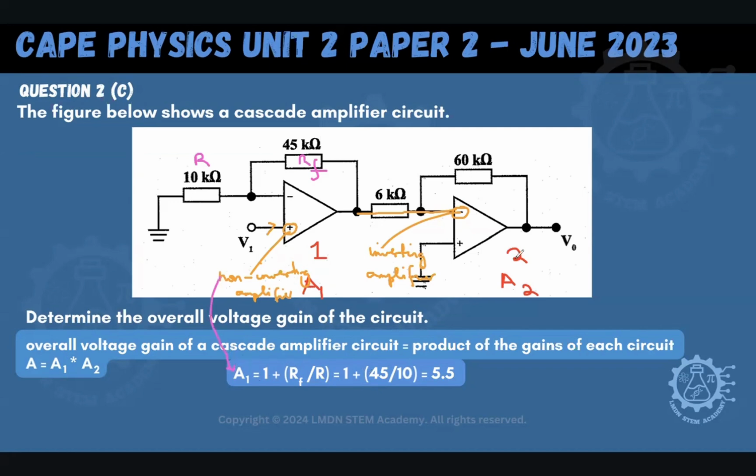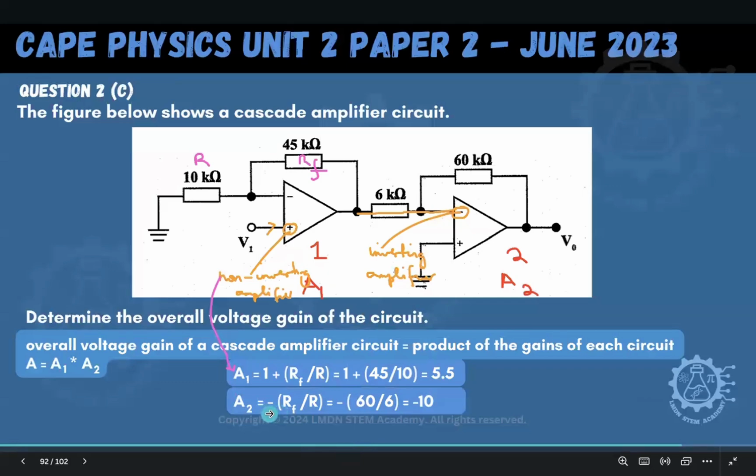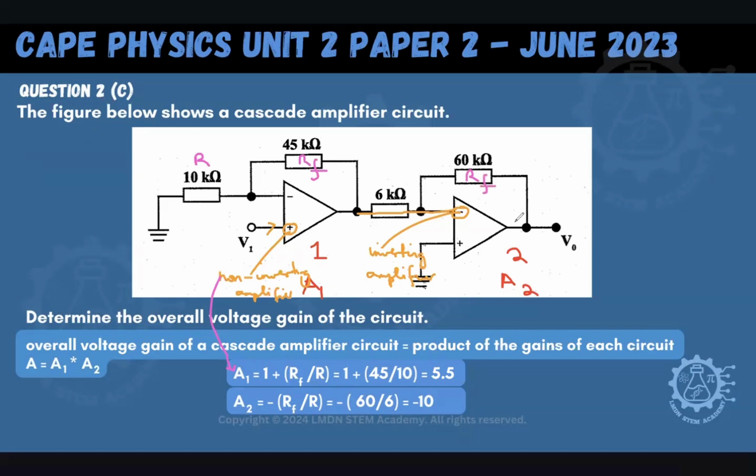I need to find the gain of this one now, A2. When we look at A2, what did we say? It is an inverting amplifier. To find the gain of an inverting amplifier, we do minus RF over R. My RF in this case is 60, and my regular R would be 6.